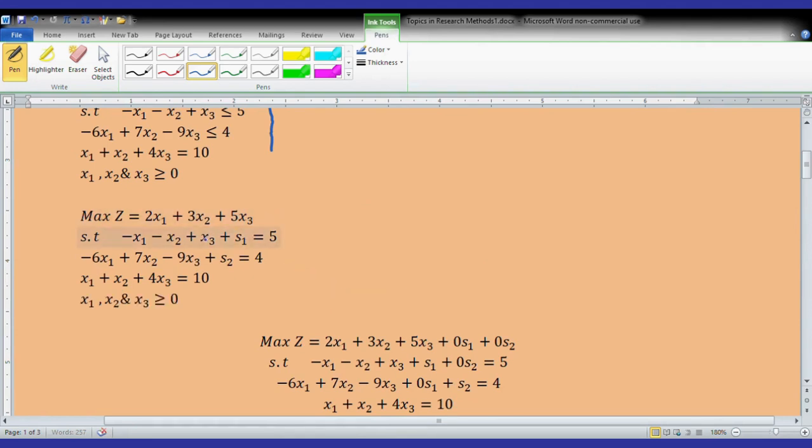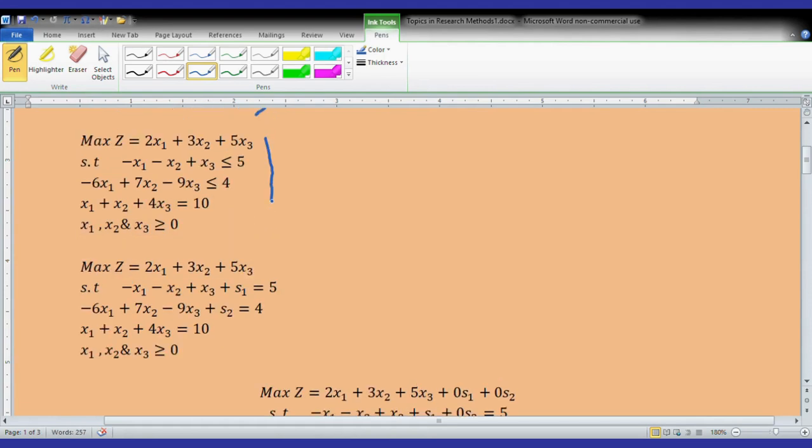So see that the first constraint was equal to or less than 5, and in order to convert this weak inequality into an equality, we need to add something on the left hand side, because in this constraint originally what we are saying is that the left hand side could be less than the right hand side.